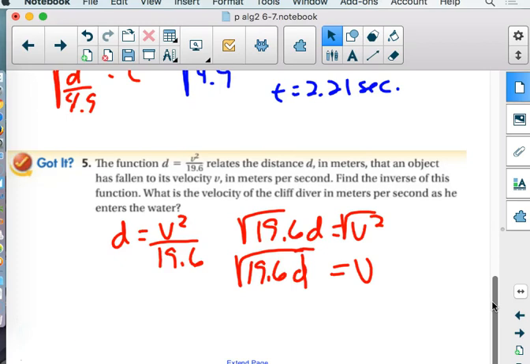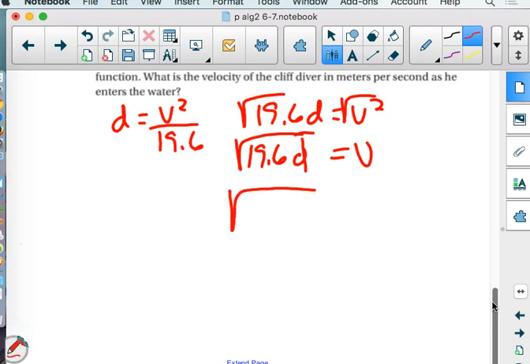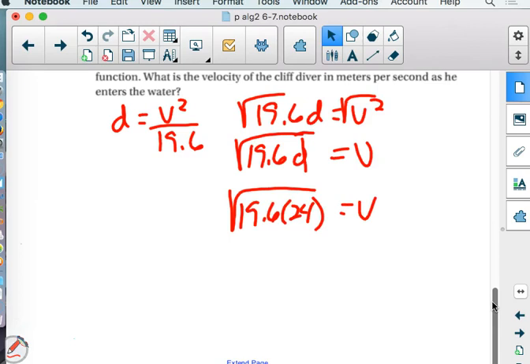Alrighty. What is the velocity of a cliff diver in meters per second as he enters the water? Okay, well, what did we know about D from the picture? Well, let's put her in there. Let's see just how fast that belly flop is going to happen.